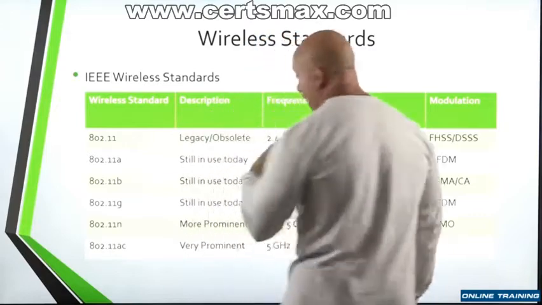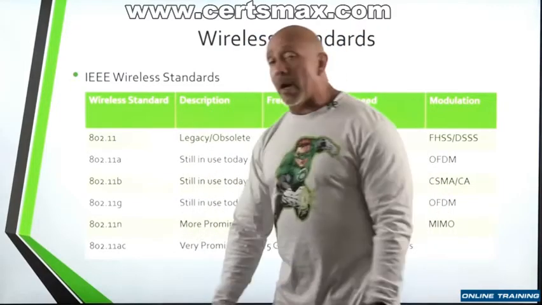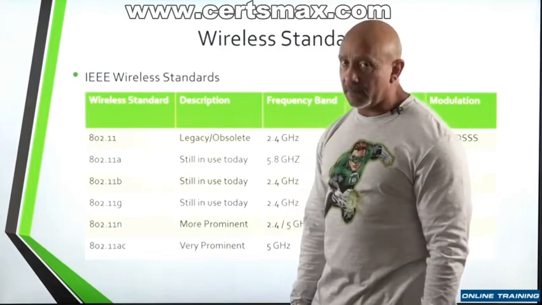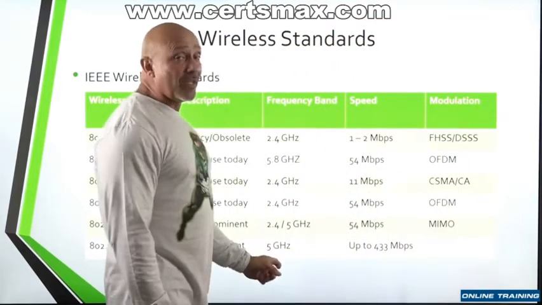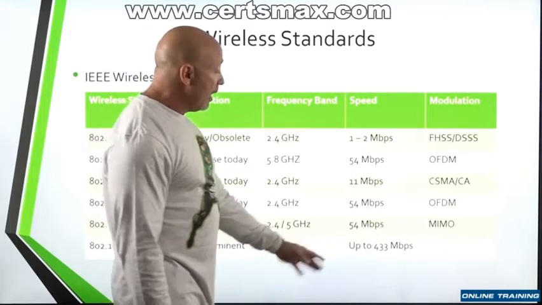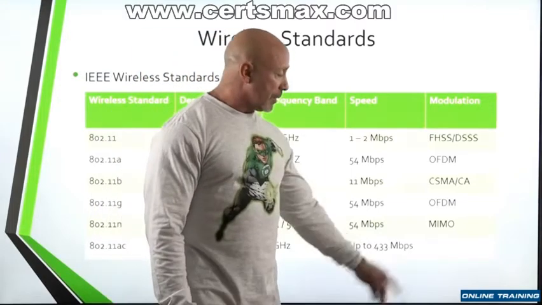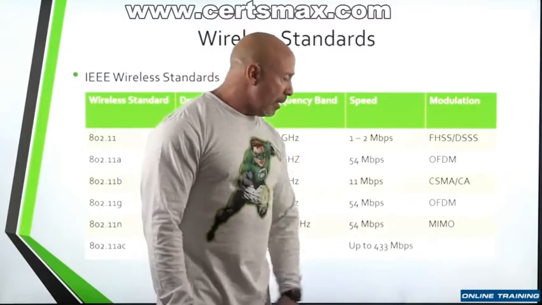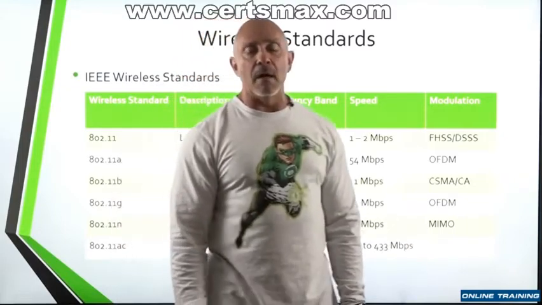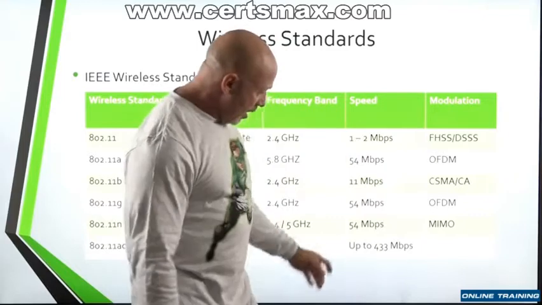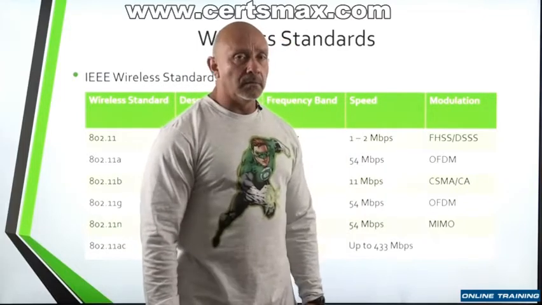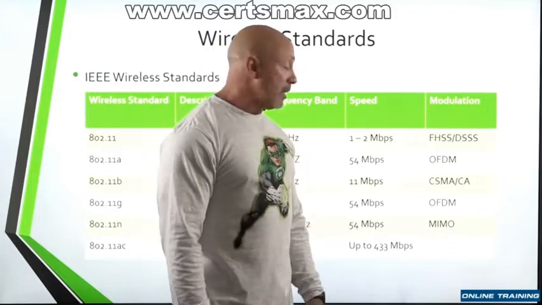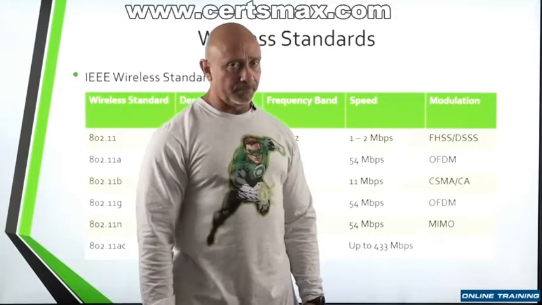And then you have what I have now, which is the AC, which promises gigabit speed, but it runs at the 5 gigahertz only, and is up to 433 megabits per second. Doesn't say anything about modulation. I may look at it later on and find out and give you guys an update. But I can tell you right now, I have not seen gigabit speed yet, but the speed is not bad.